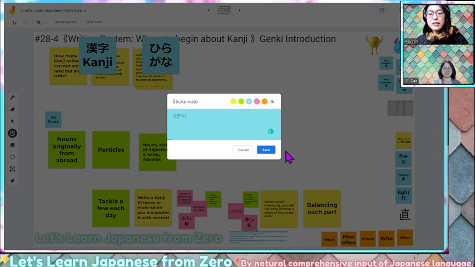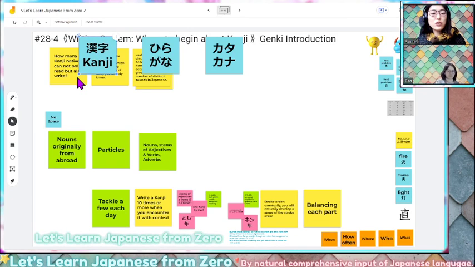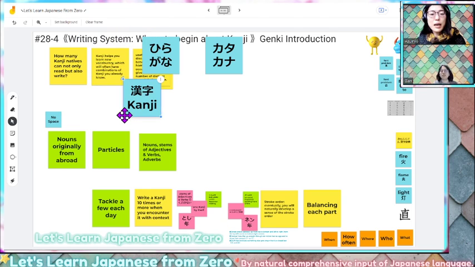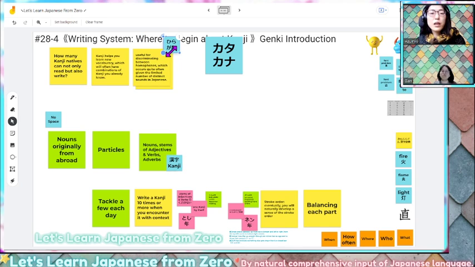That's the three writing systems. Kanji is used for the main component of the Japanese language, and hiragana is for conjugation parts and particles.